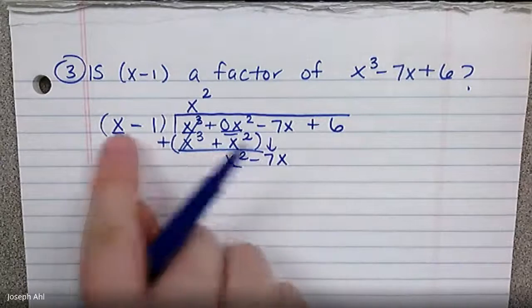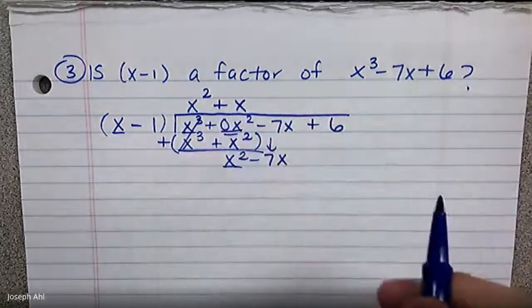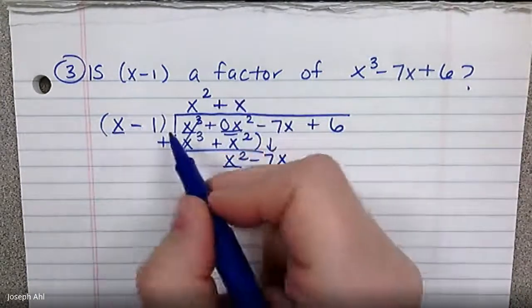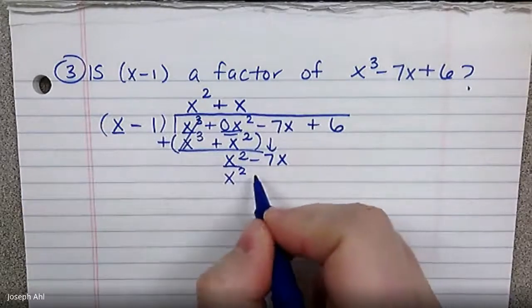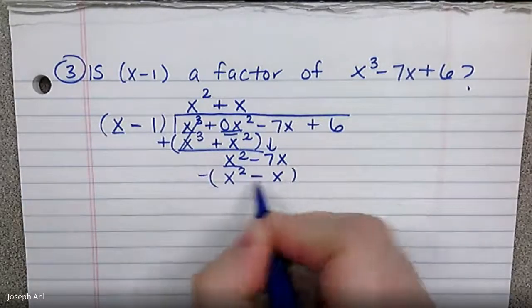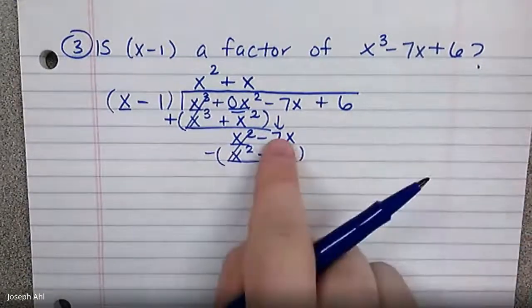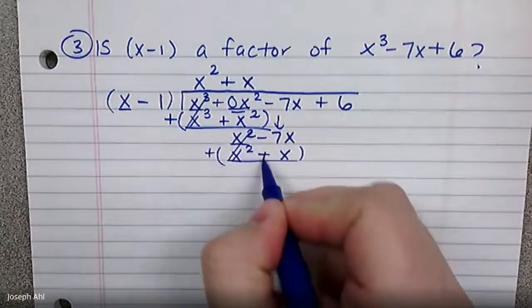X squared divided by x is a plus x right here. Okay, take the x, multiply by x minus 1 to get x squared minus x, and subtract. Well, x squared minus x squared goes away. Negative 7 minus negative 1x really becomes plus x there, right?